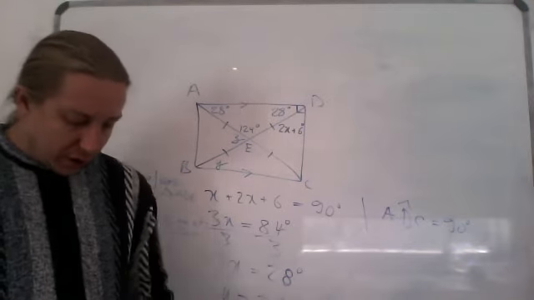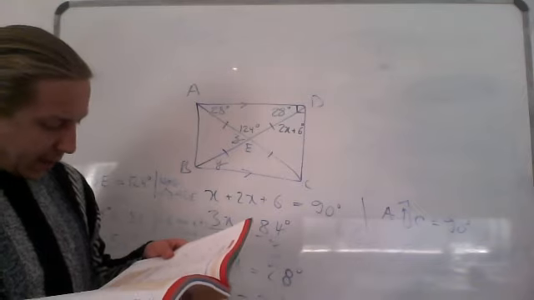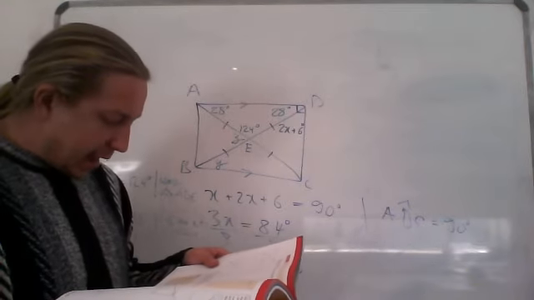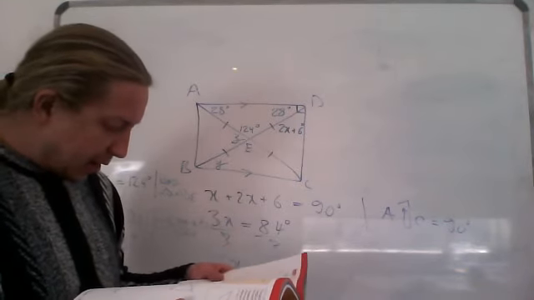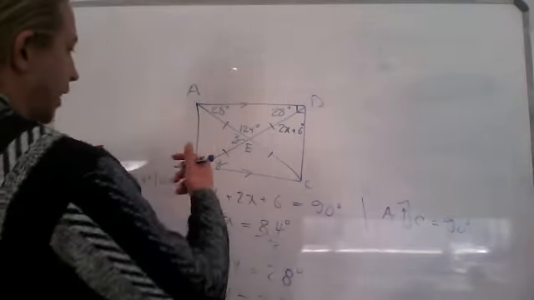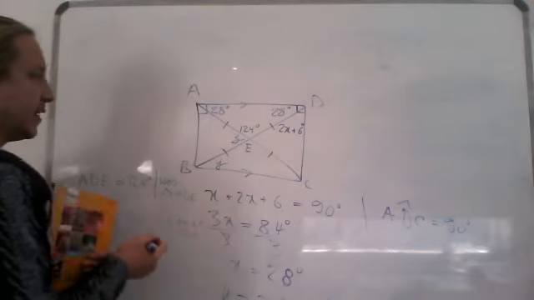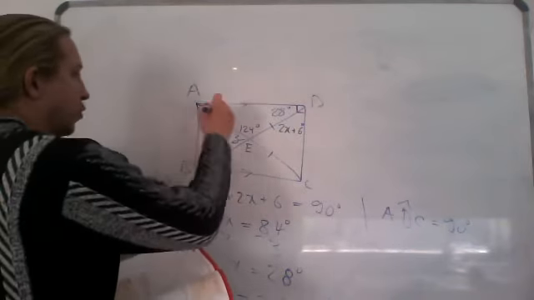All right, that is the worked example. Number 3: if AB equals 8 and AD equals 15, calculate BD. They want us to get BD over here. We know this is a 90-degree angle, so we can use Pythagoras.